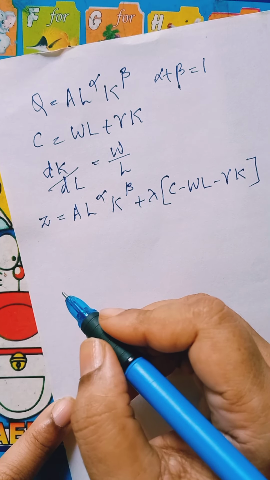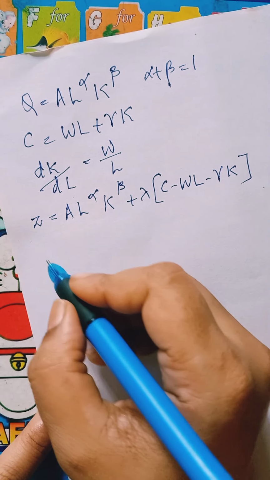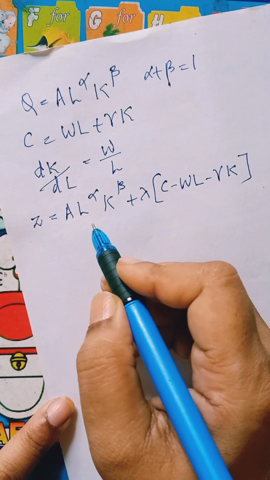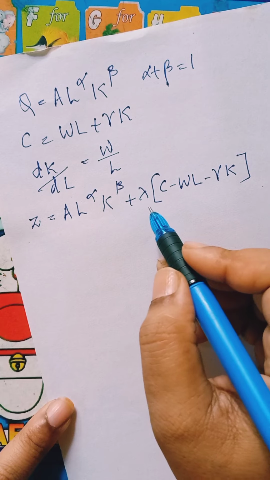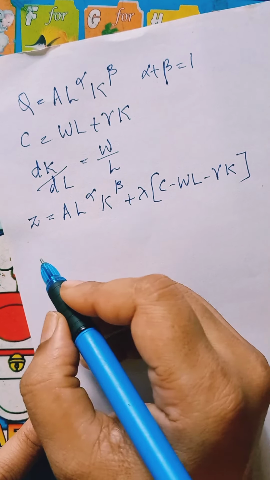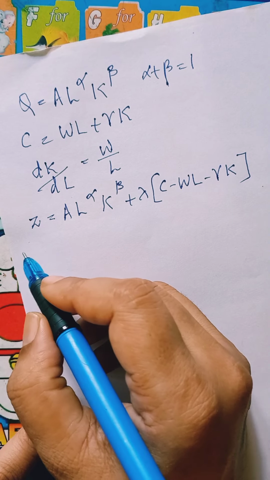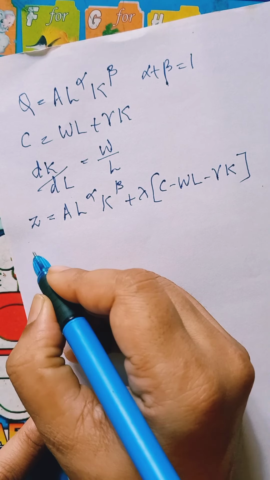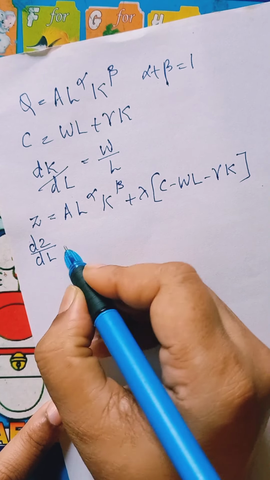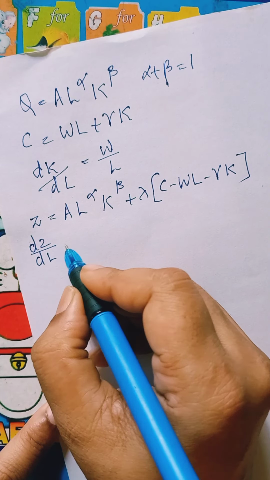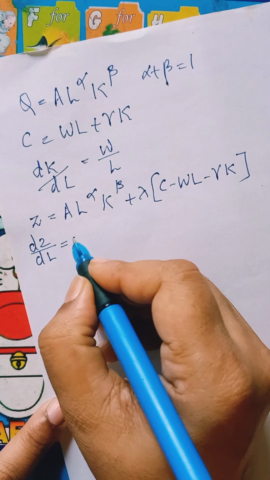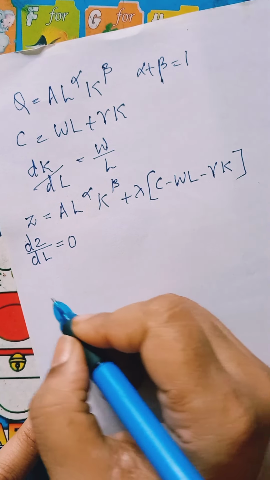And the first order condition for the output maximization is that we have to maximize this Z with respect to K, with respect to L, and with respect to lambda. All these first order derivatives should be equal to 0. So we are going to find the first order partial derivative of Z with respect to labor, and we have to set it equal to 0.